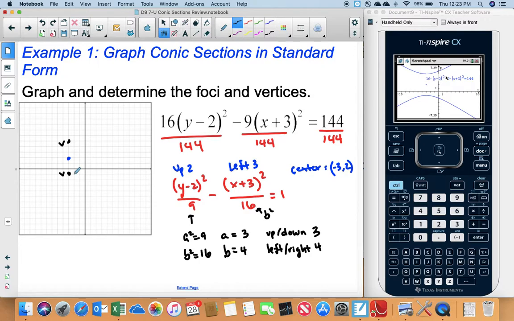And so from the vertex, for a hyperbola, you go from the vertices the opposite direction. So instead of going up and down 4, I go left and right 4. 1, 2, 3, 4 units right there. And then 1, 2, 3, 4 units right there. That's a co-vertex, and then I do the same thing over here. And now, once I've done that, I can add my asymptotes.